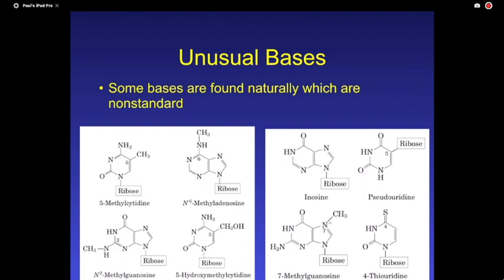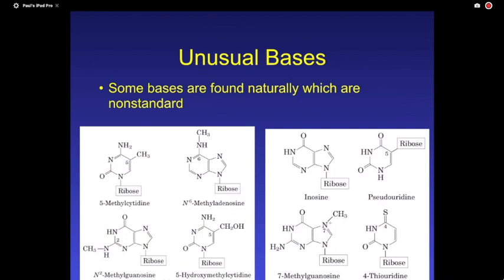They are actually important, and you see them most often in RNA that has structure and function. And so you will see these unusual bases in versions of RNA like transfer RNA and ribosomal RNA, of which some of these confer function.